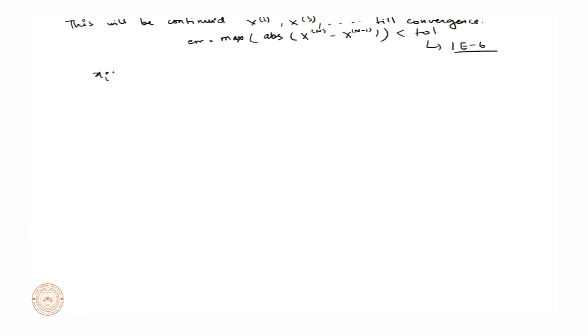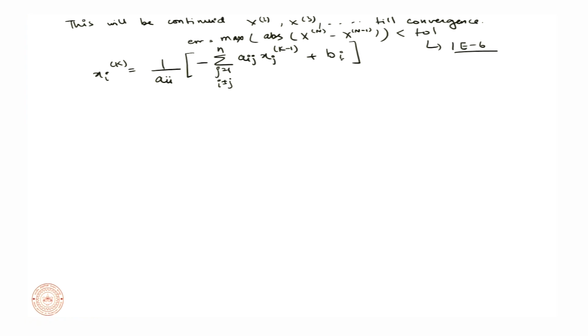So xi of the kth iteration will be equals to 1 by aii, minus summation j is equals to 1 to n, i not equals to j, aij xj of k minus 1, plus b of i.